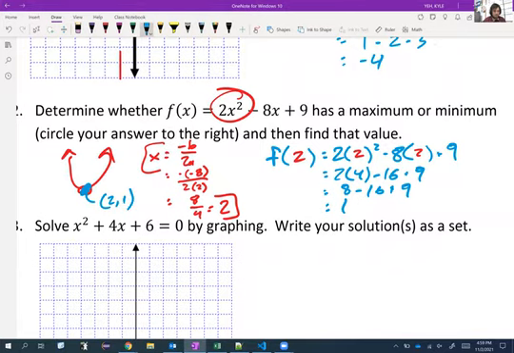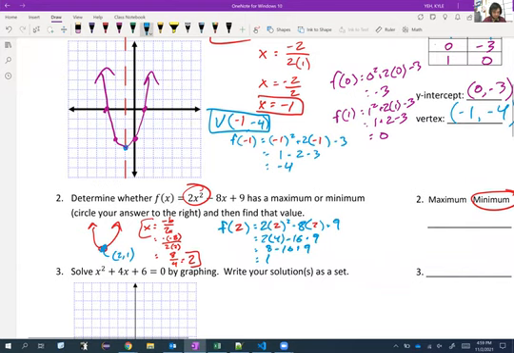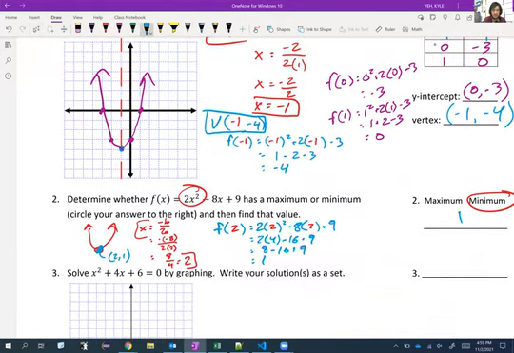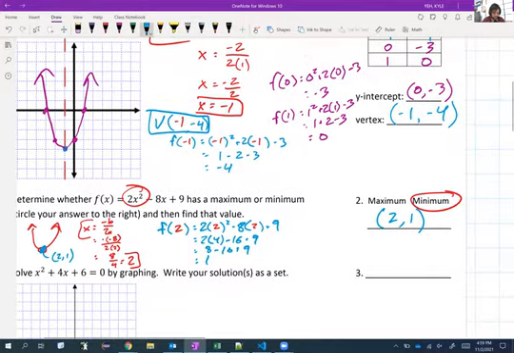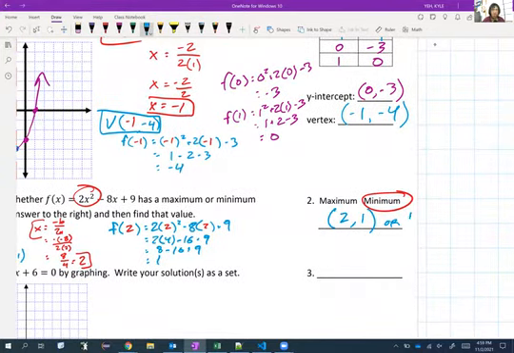And therefore, the minimum value, the lowest point we see on this graph, is 1. That's my minimum value. You might also write the full point. Technically, the minimum is just that y coordinate. But if you write the full point, I'm okay with it. So I'll say 2, 1, or just simply 1.